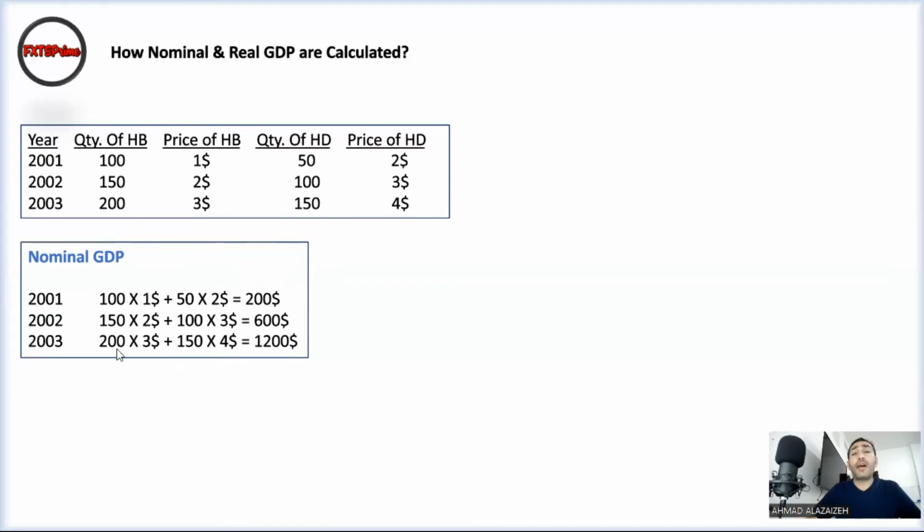So I have also 200 hamburger in 2003, and the price increased to $3. And I have 150 hot dog in 2003, and the price increased to $4, and the total GDP now is 1,200.